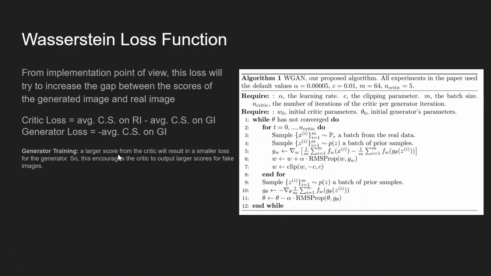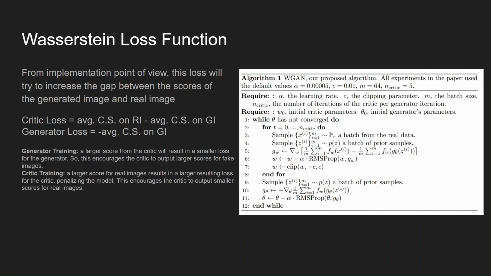For example, if the critic outputs 50 for a generated image, this negative sign is going to turn that 50 into negative 50, so our loss will become small. This encourages the critic to output larger scores for the fake images, because only then is the loss going to be small, and this is our ultimate objective. We want our loss to be small.